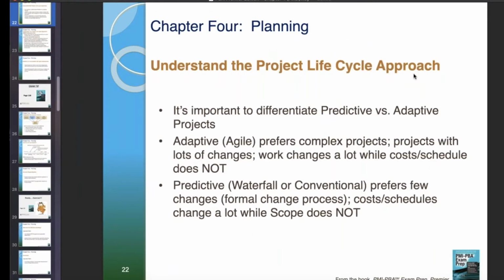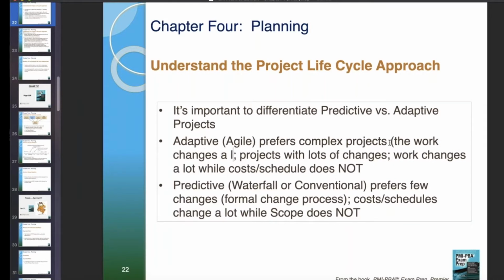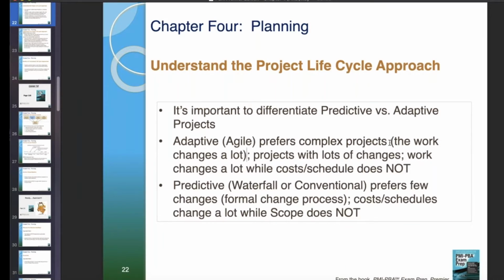Understand the project lifecycle approach. It's important to differentiate, especially predictive versus adaptive projects. Adaptive or agile prefers complex projects. Remember, that means complex work. The work changes a lot. Projects with lots of changes, work changes a lot, while cost and schedule does not.